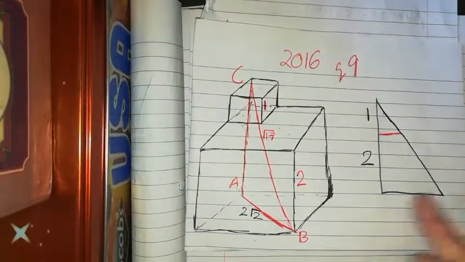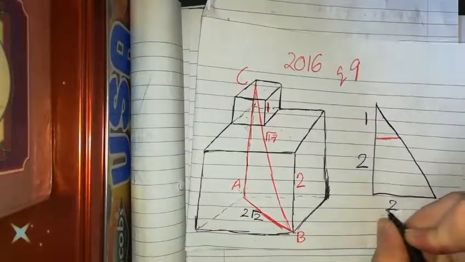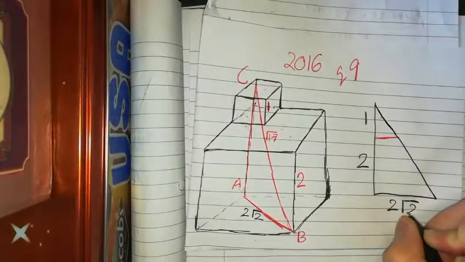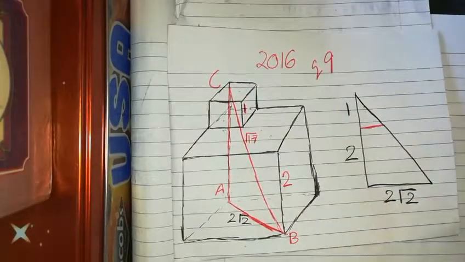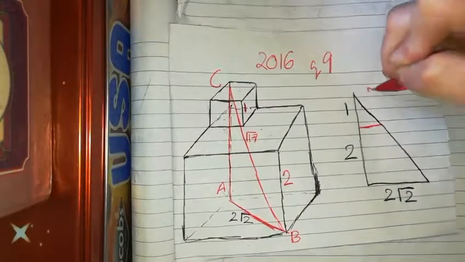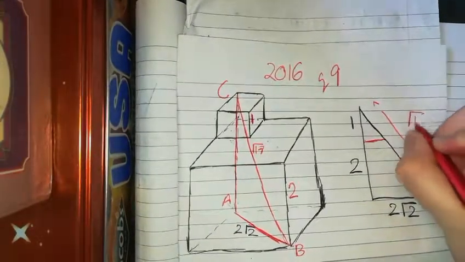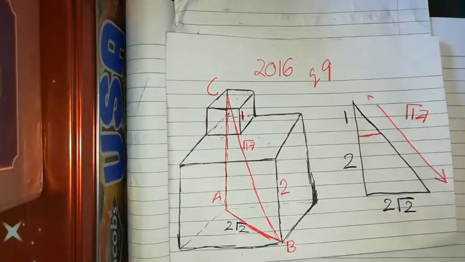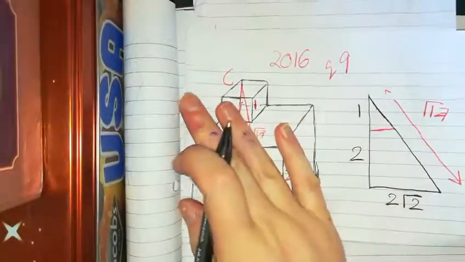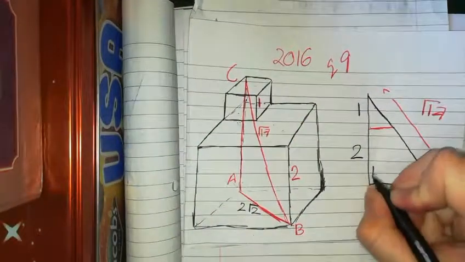The bottom length is 2 root 2, and I'm after this whole length here, which is root 17.